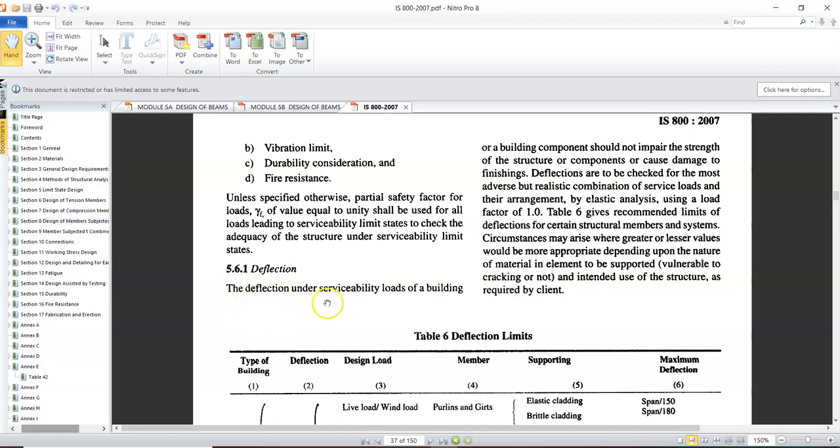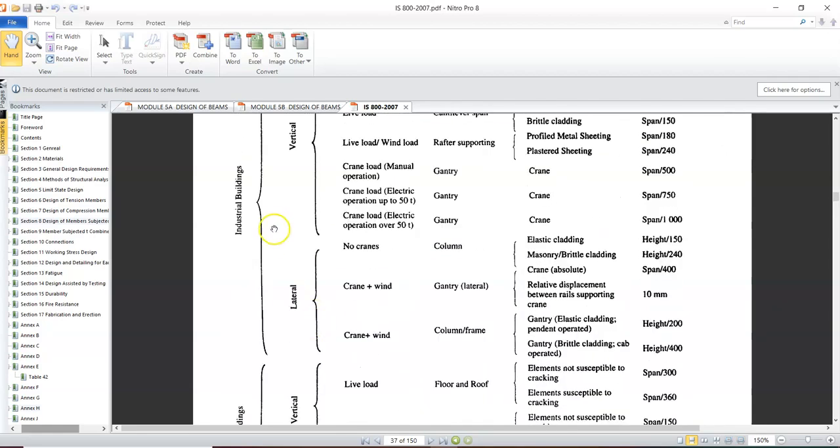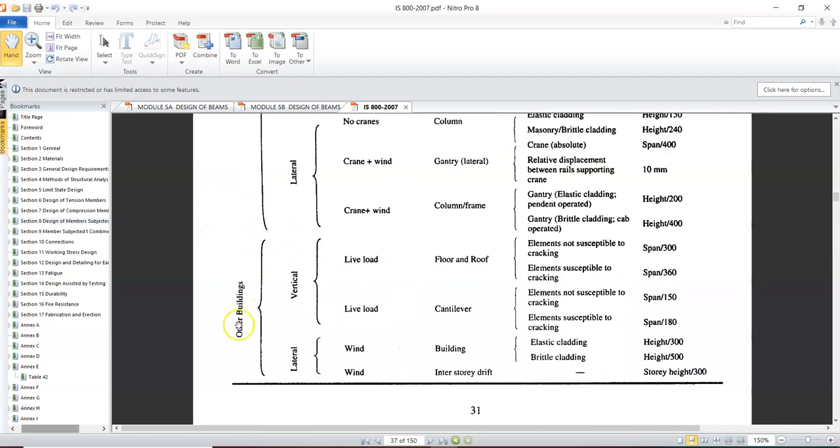It says the deflection under serviceability loads. Deflection always has to be checked for serviceable loads. Now it is not an industrial building, so we'll be referring to the other buildings. We are checking vertical deflection, so we'll refer to the live loads. We are checking for a floor and roof.